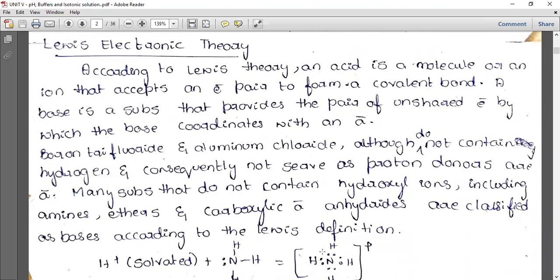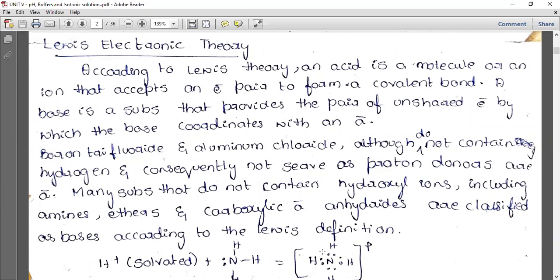Okay, moving on to the next, Lewis electronic theory or Lewis acid base theory. According to Lewis acid base theory, an acid is a molecule which accepts the electron pair given by the base.